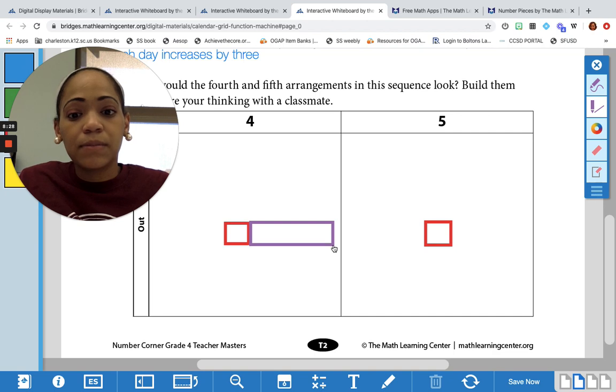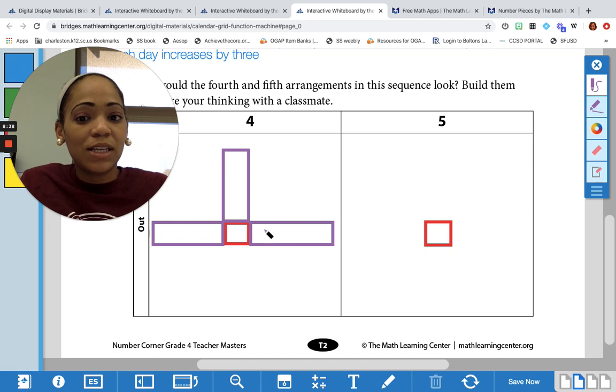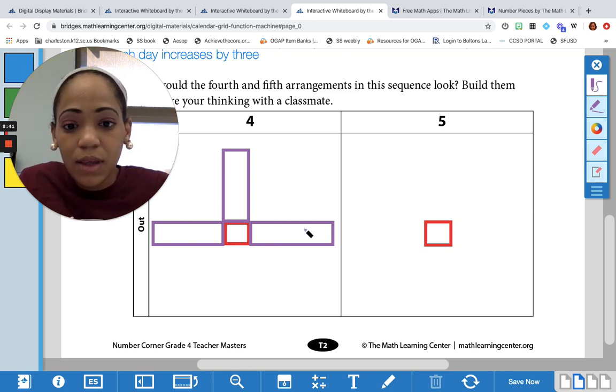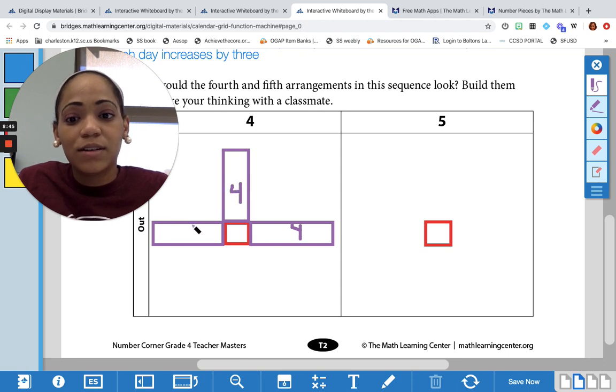Here's an arm. And here's an arm. And here's an arm. And how much would you say is in each arm? There's 4, 4, 4, and then of course our 1 that's always in the middle.